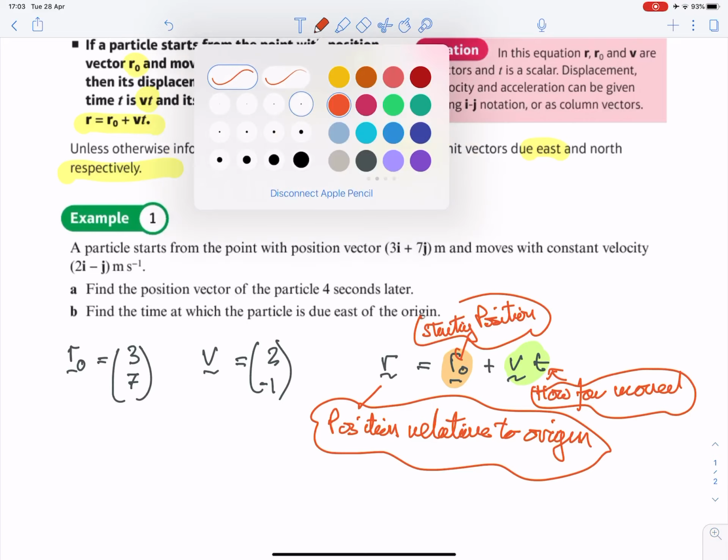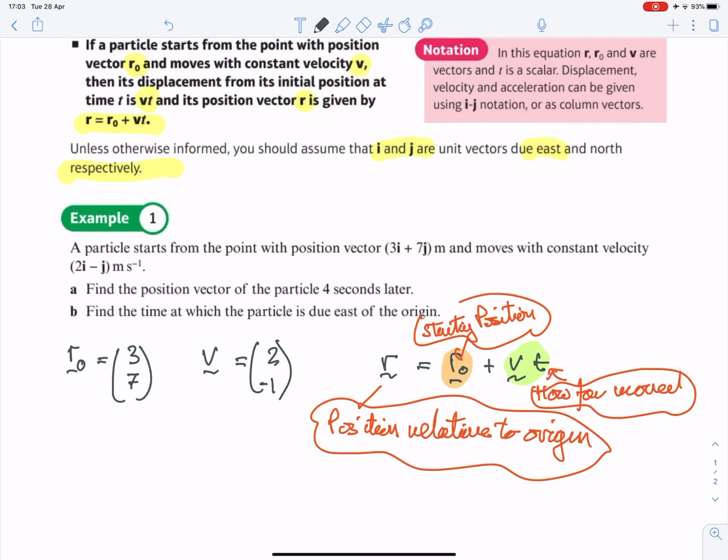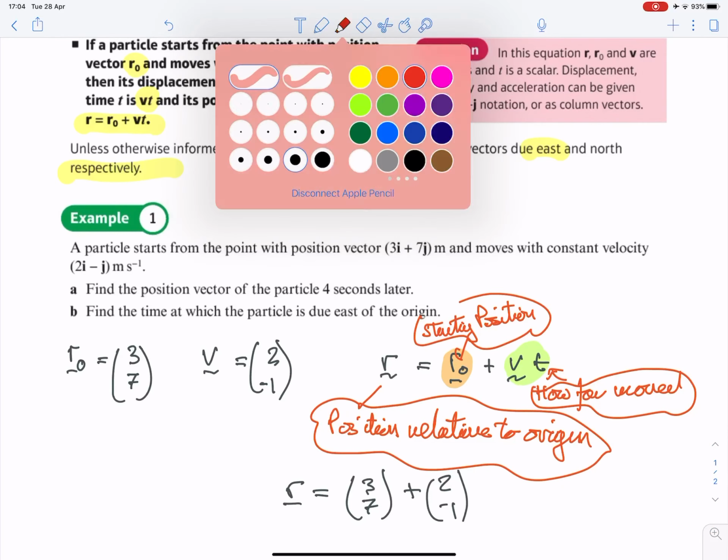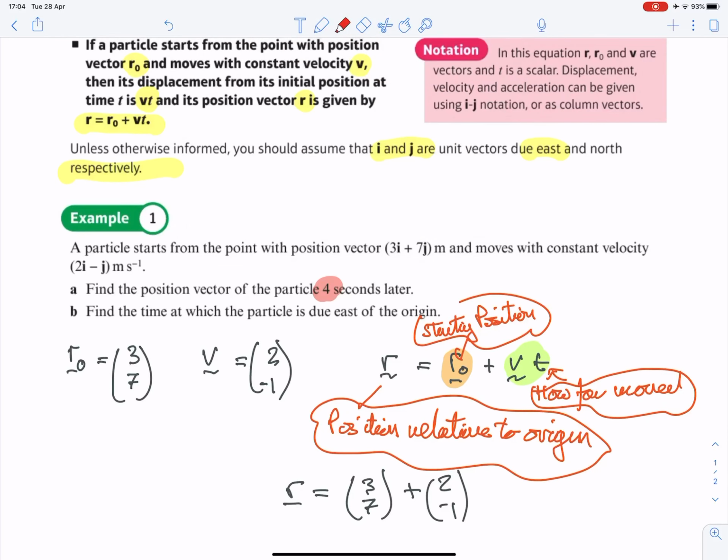So as usual, we've stated an equation, so we can now substitute in. So r is equal to r0, which is (3, 7), plus v, which is (2, -1), times t, and in this case the t we're told is 4 seconds.